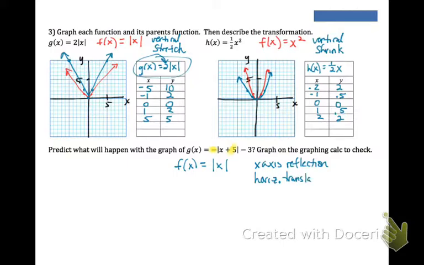Now if you were to put this on your graphing calculator, it would surprise you because it's actually going to shift the graph left. And then finally, this is just like our first one, that linear. We have a value that's being subtracted at the end, so this will be a vertical translation. So it's simply going to scoot the graph down 3.